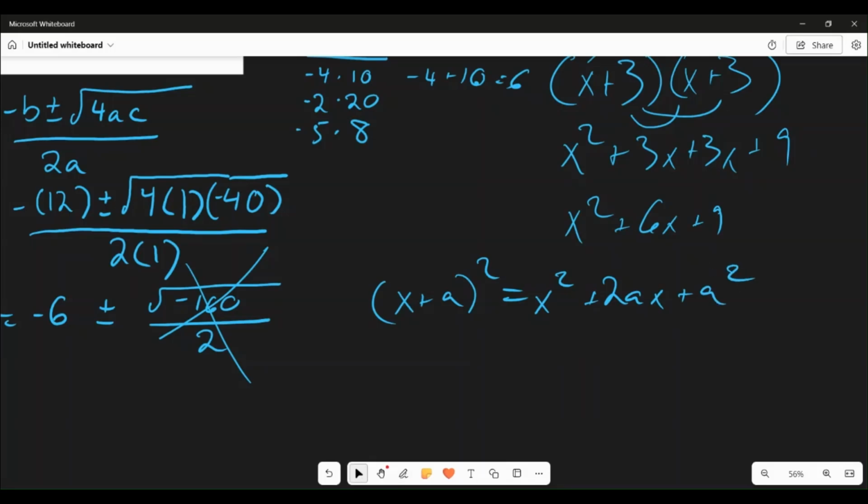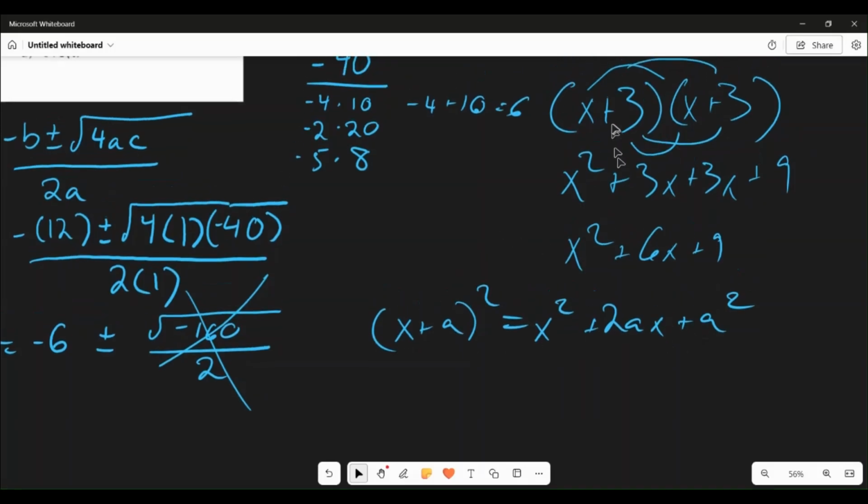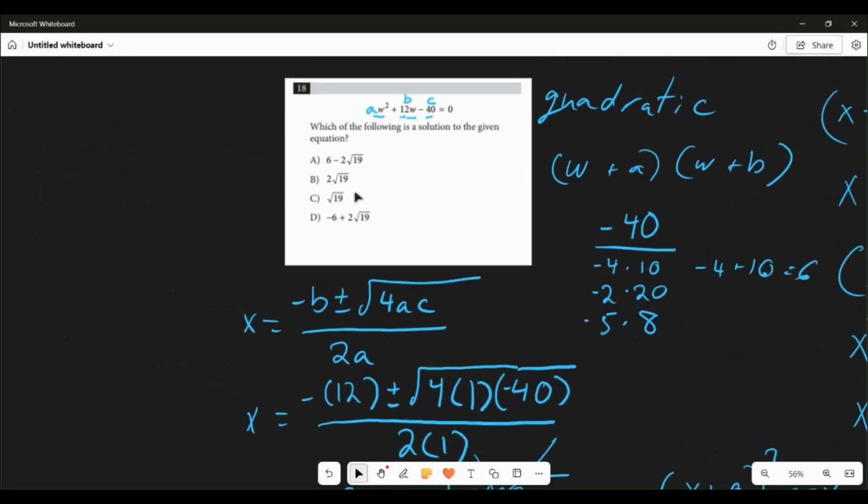So that's our rule for binomial terms. When you square them, the middle term is just the a term times 2, and the final third term is going to be a squared. That's what we see here with 3: 3 times 2 is 6, and 3 squared is 9. So we can leverage this property to solve this equation a different way.